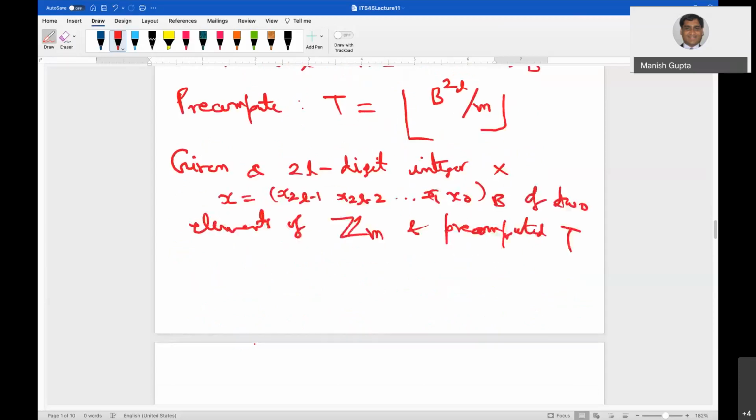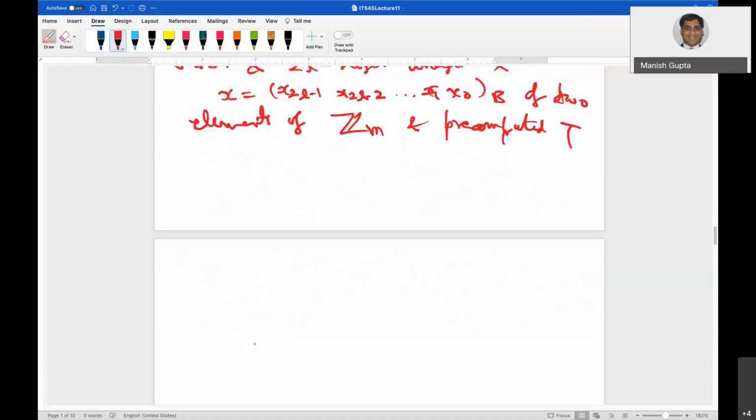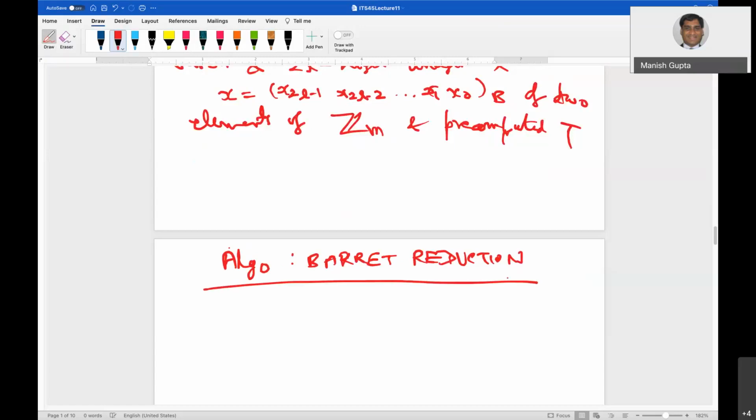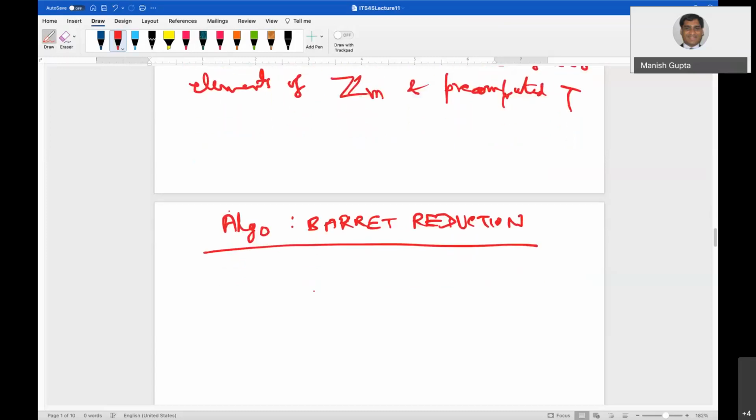Okay, so first I should mention the algorithm, and then I will show you how it works. What we need to improve on is the division.